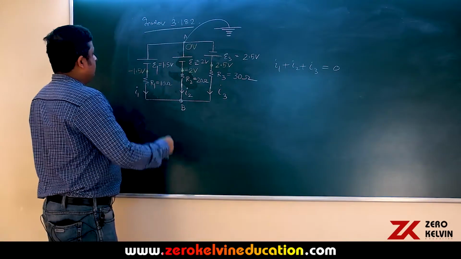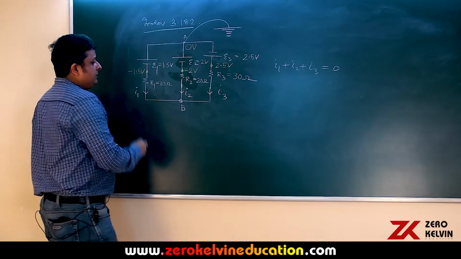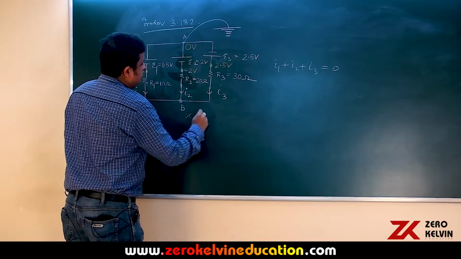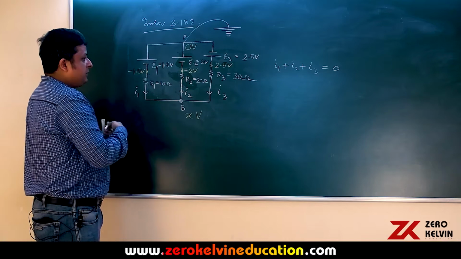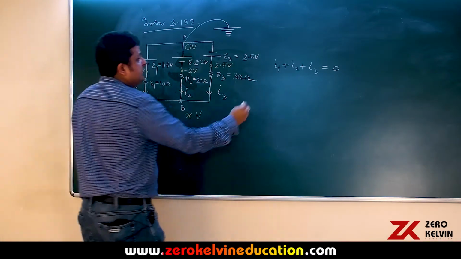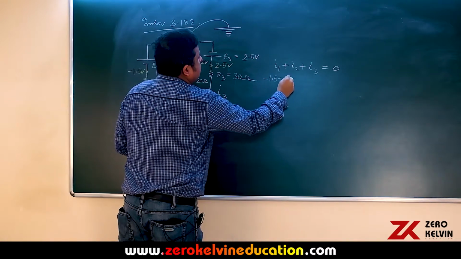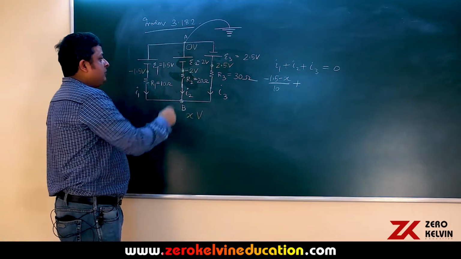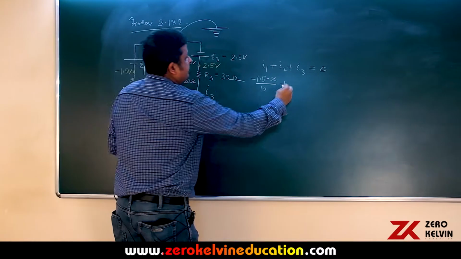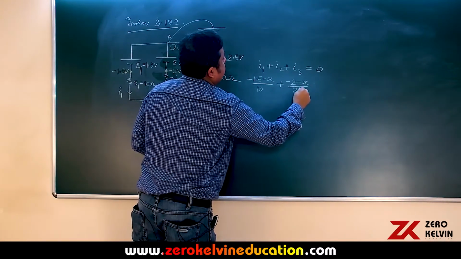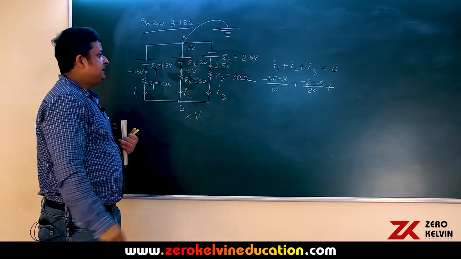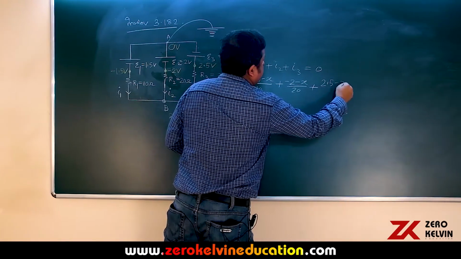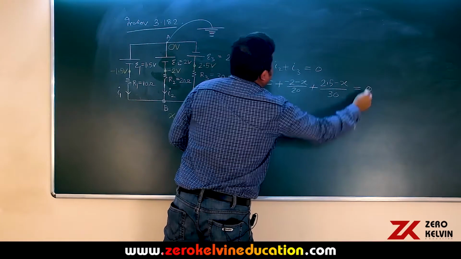So what is I1 by Ohm's law? Suppose the voltage of B is X volts, then I1 is minus 1.5 minus X, divided by 10, plus I2, which is minus 2 minus X by 20, plus I3, which is 2.5 minus X by 30, is equal to 0.